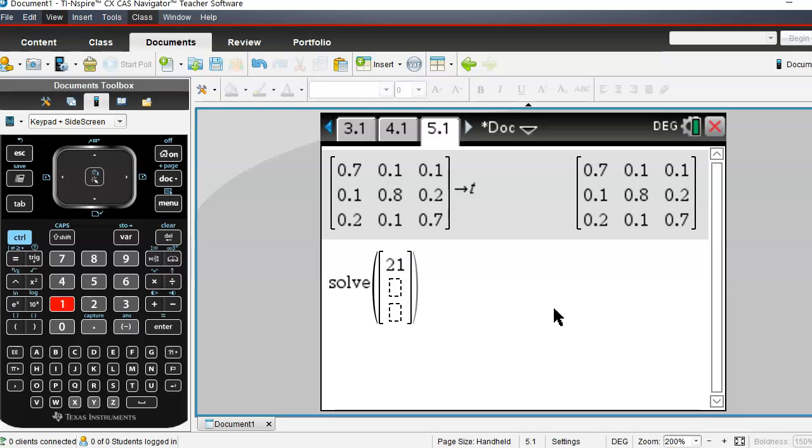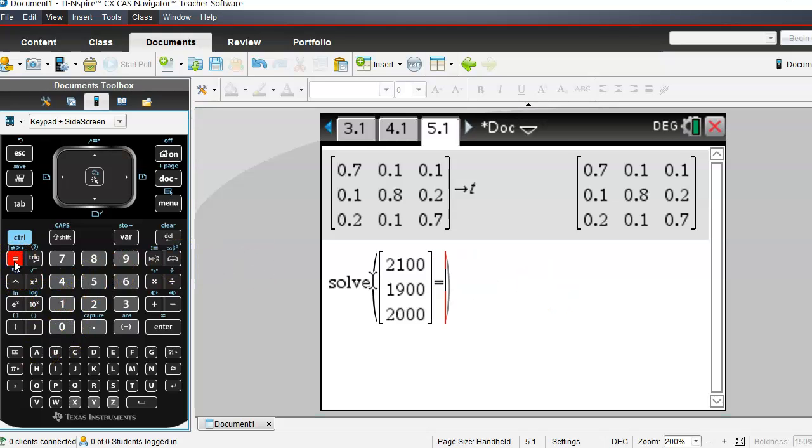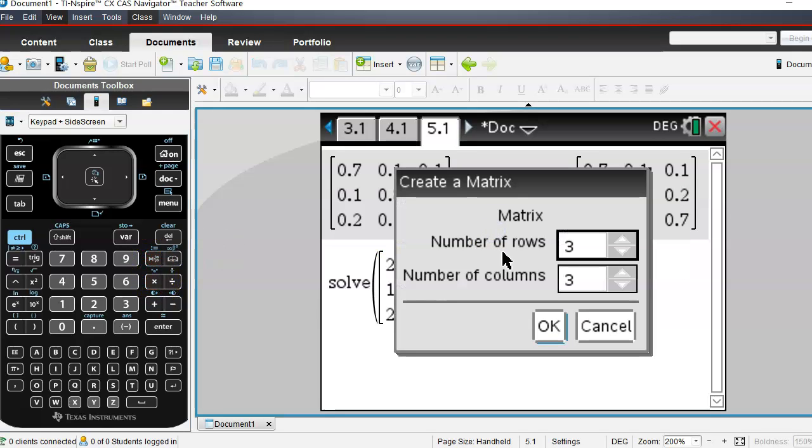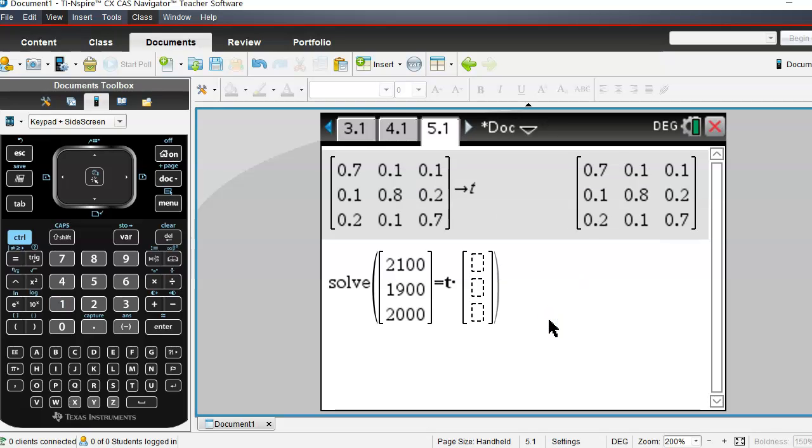H1 is 2020 and 2000 equals, okay, T times our H0, which was 2000, 1000, and 3000.